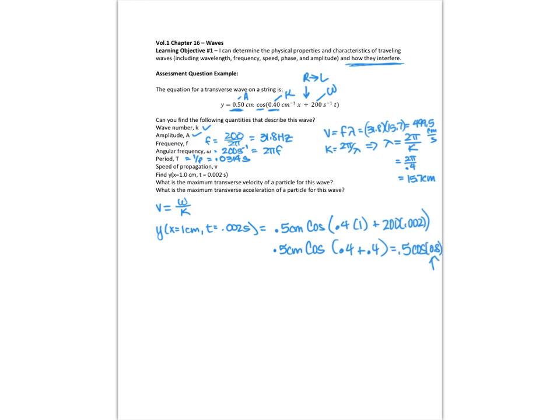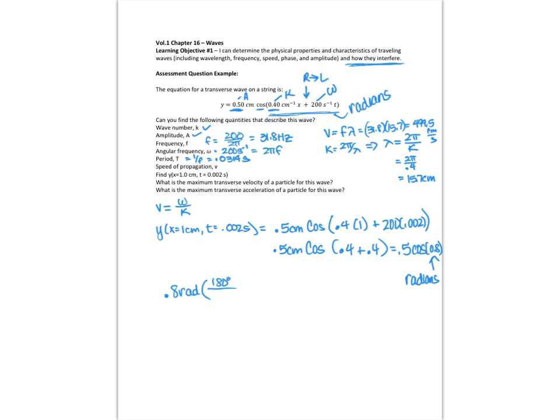Now, what I want to point out is that this is an angle in radians. So you have a choice here. You do have to understand that every time you see these expressions, these angles are in radians. So you can take the cosine if you put your calculator into radians mode, or what I actually like to do is I change my angle, 0.8 radians, into degrees.